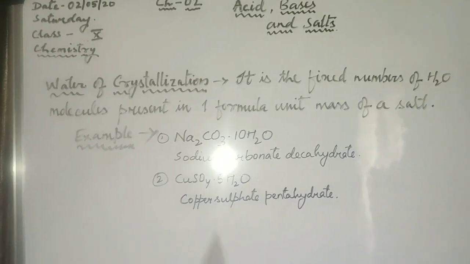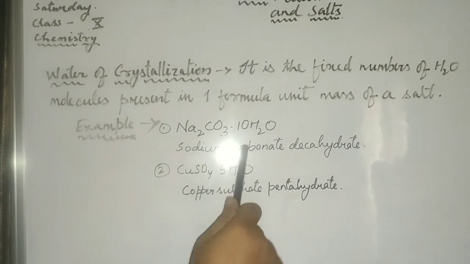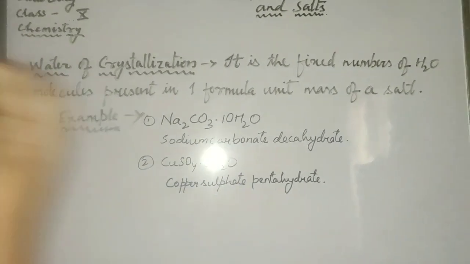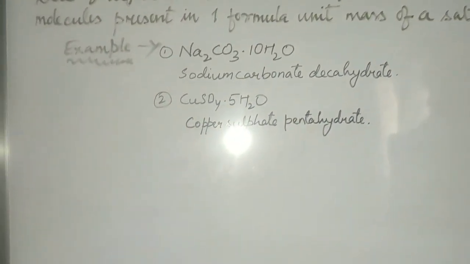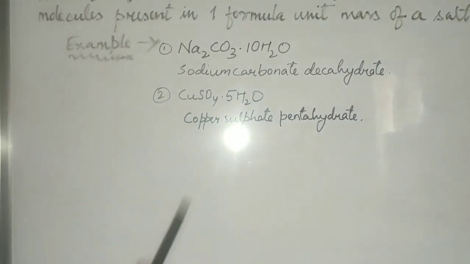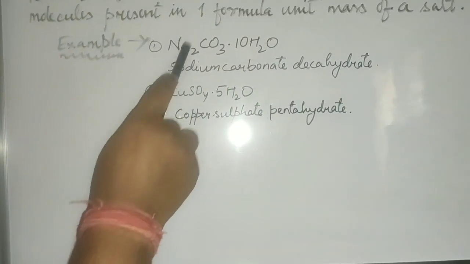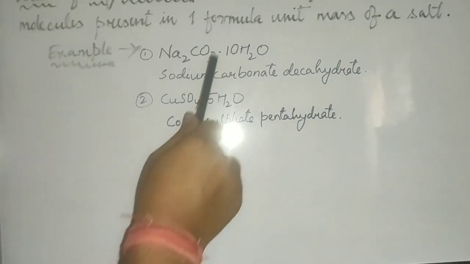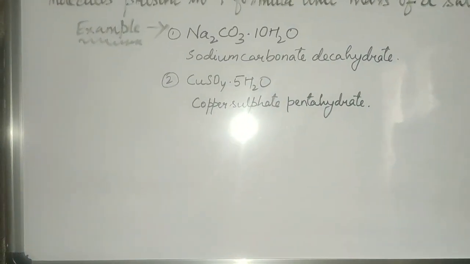For example, Na2CO3.10H2O. Here .10H2O represents the 10 water molecules. This signifies that 1 formula unit mass of Na2CO3 will contain 10 molecules of water in the form of crystal.